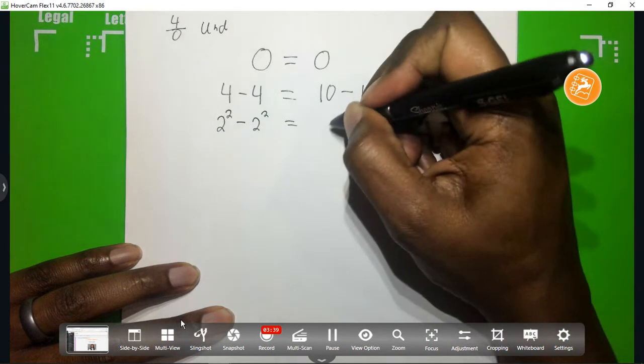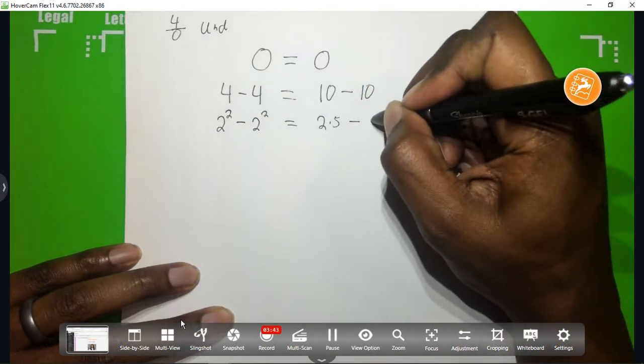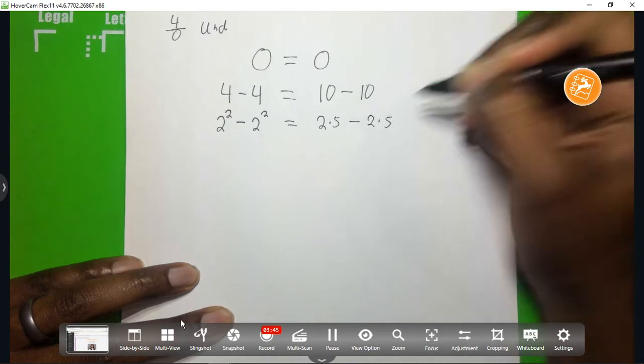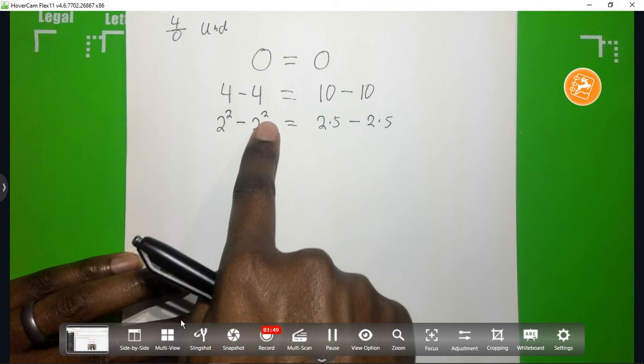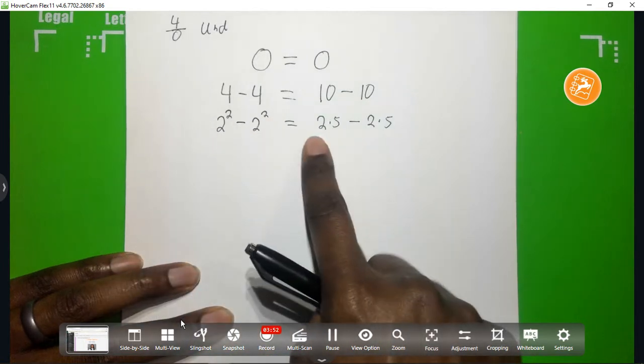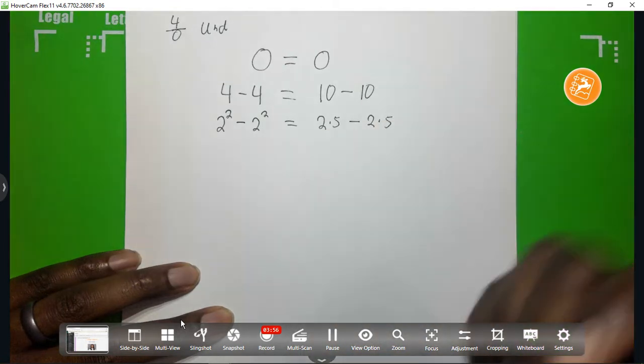And the 10s, I'm going to rewrite them as 2 times 5 minus 2 times 5. Now, if you follow this line, it's still 0, because order of operations, you do exponents first, so that's 4 minus 4. Over here, you have to do multiplication before you subtract, so that's 10 minus 10, you still get 0.